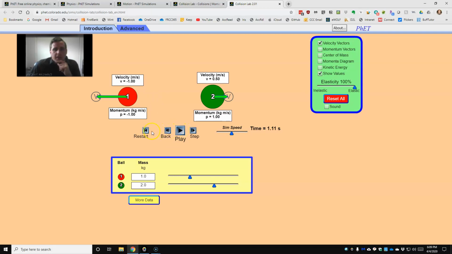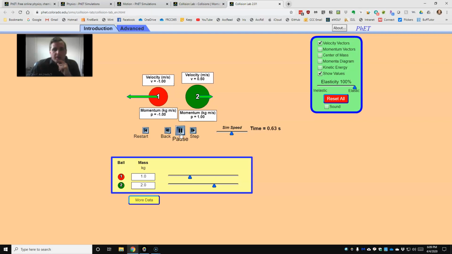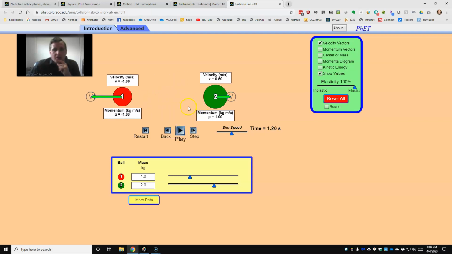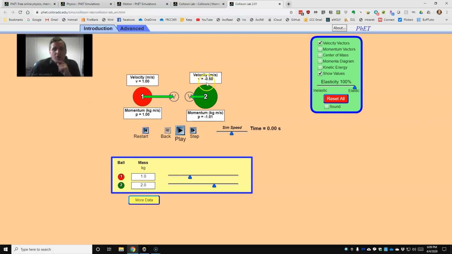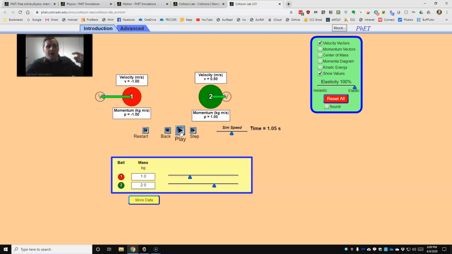Notice ball 1 came in with 1 meter per second. It goes out with negative 1 meter per second. Ball 2 came in with negative a half meter per second velocity. Ball 2 goes out with positive a half meter per second velocity. That's because the total momentum of the system is actually 0.